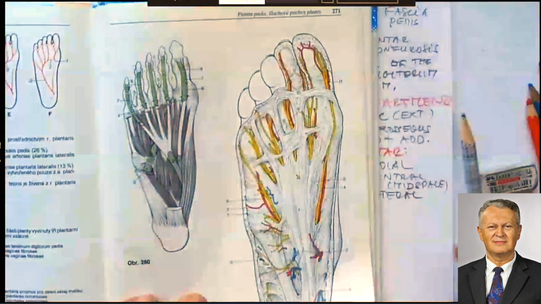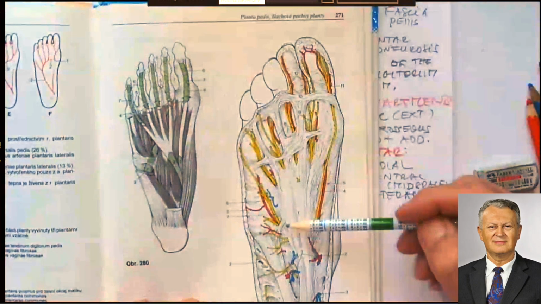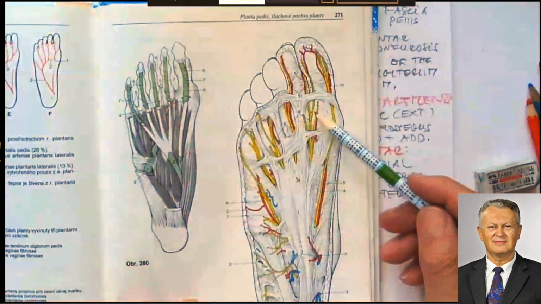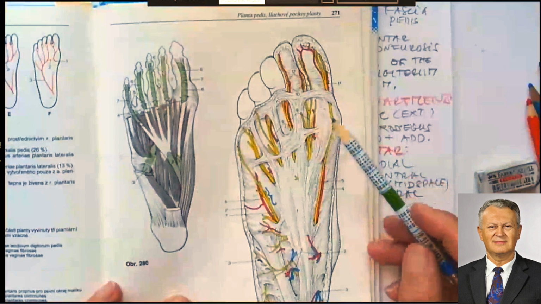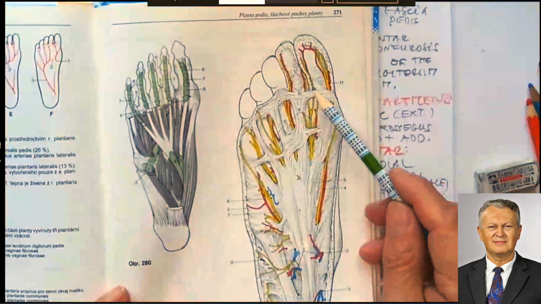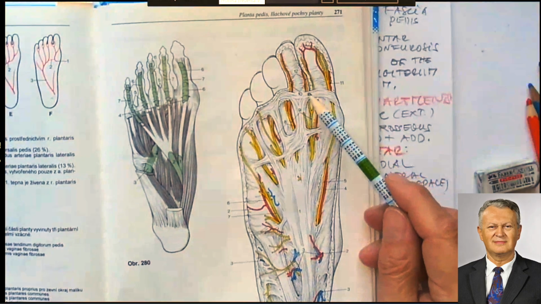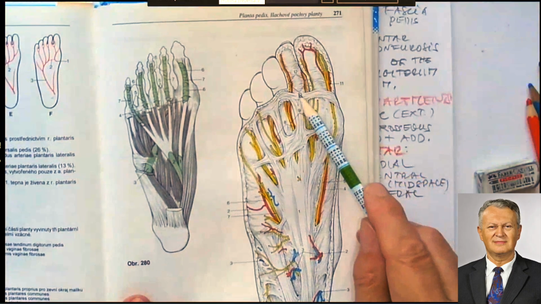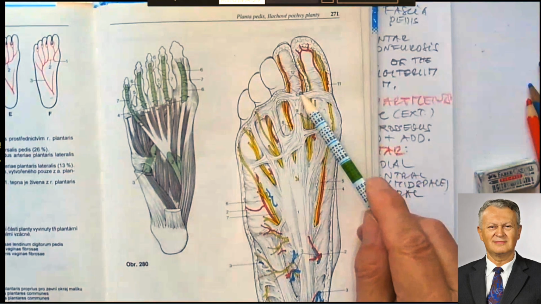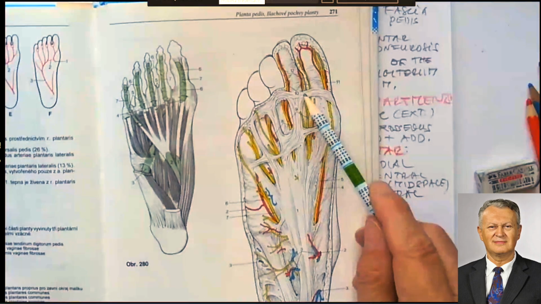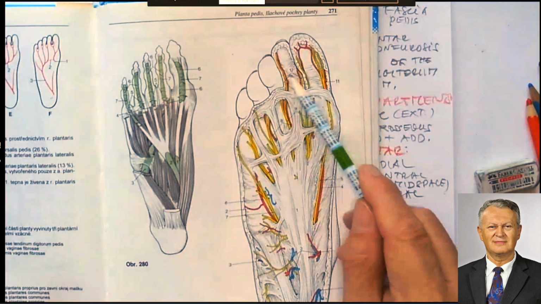Good diagram is that one. Look at the medial and the lateral, then the peripheral ones. We call them plantar, because they are plantar. They run together. Digital plantar arteries. They are common and they are proper.